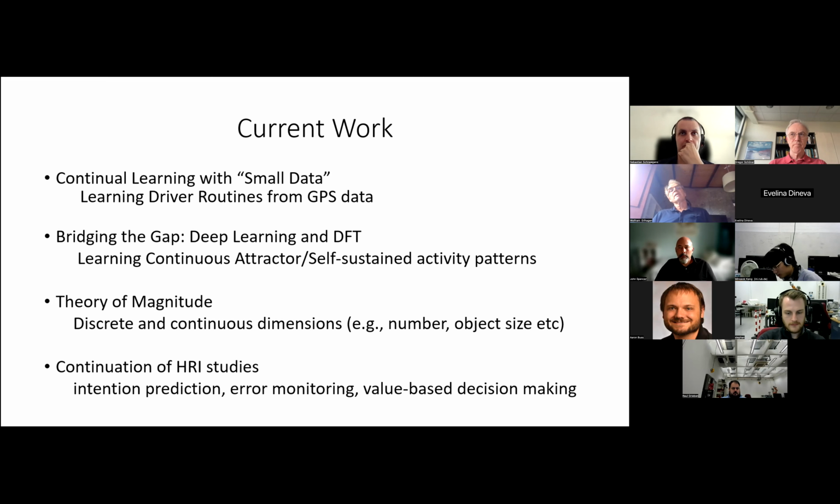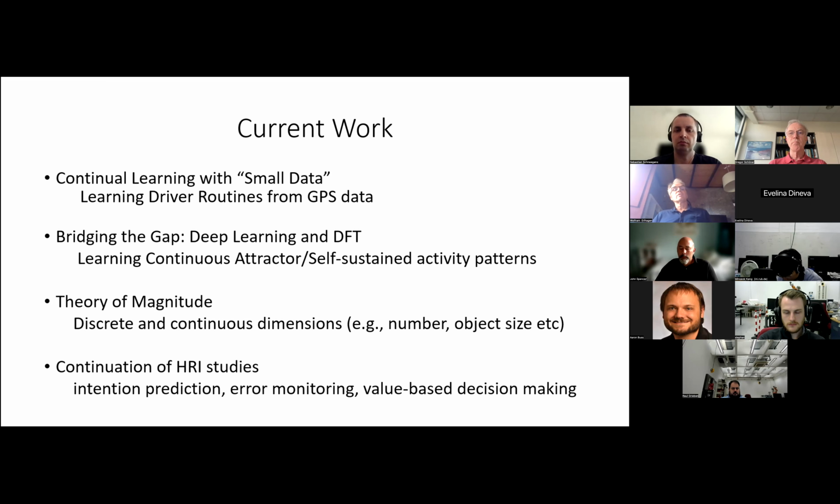This is theoretical and application work where we try to use deep learning for dimensionality reduction. We start on the vision level with pixels and come up with latent variables, hopefully continuous, that can be used for the dynamic field approach.